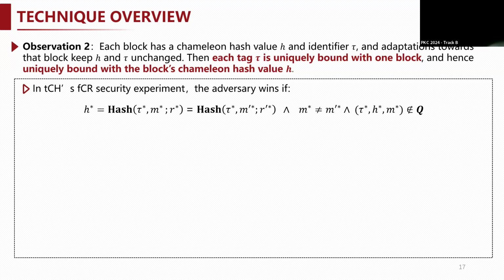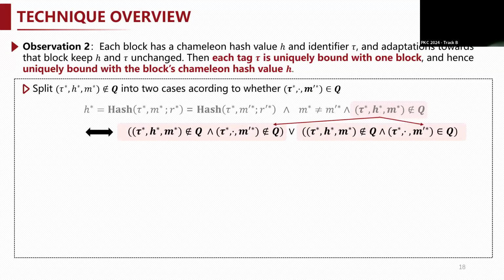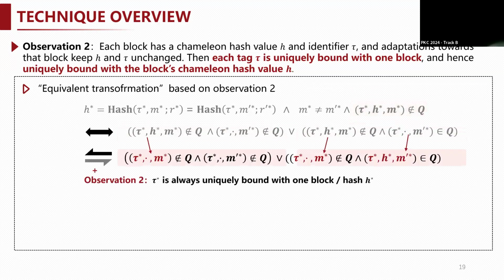Here we show the winning condition of full CR. Firstly, we will split the condition that tau star, h star, m star is not in the set Q into 2 sub cases, according to whether tau star, m prime star is in Q. And then we change the conditions further based on the second observation, since tau star is uniquely bound with the hash value h star.